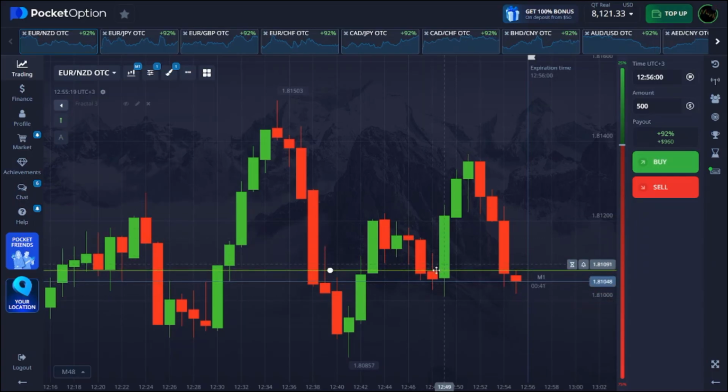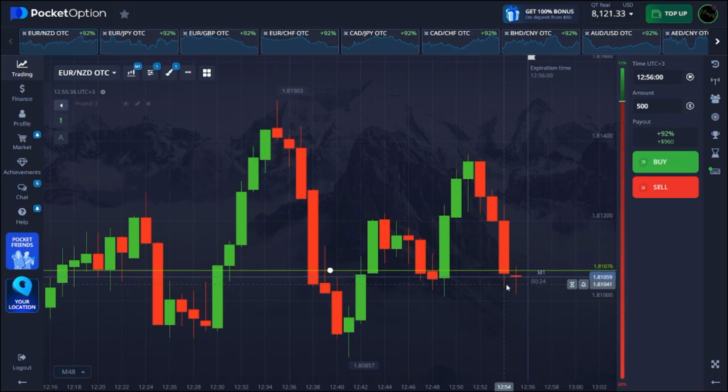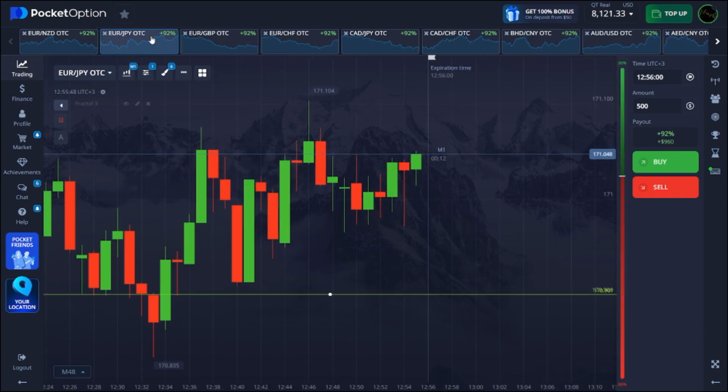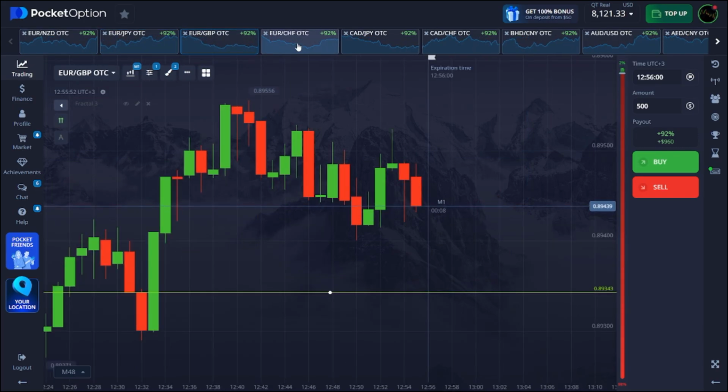So we have this beautiful demand that created this beautiful momentum, and once our candle got to our entry, it jumped a bit to the downside, and our entry was somewhere around here, and the candle closed here. That was a winning trade, guys. So let's look for another opportunity, and I'll explain more.